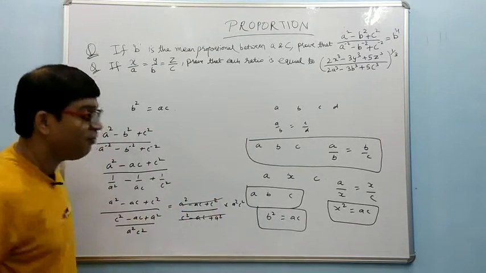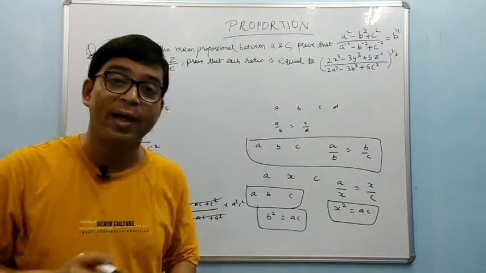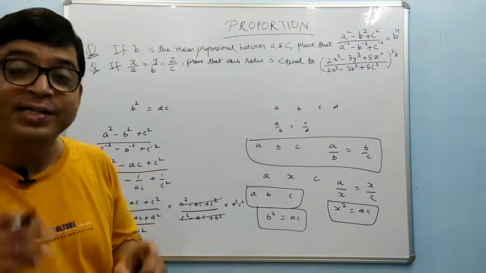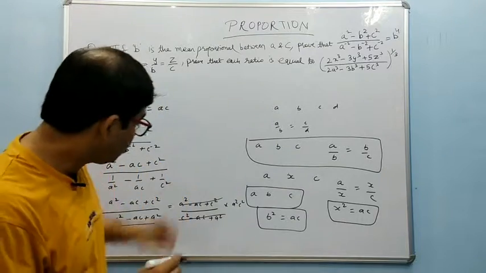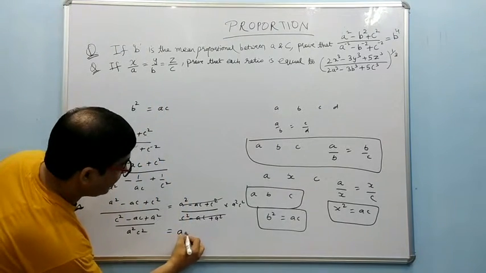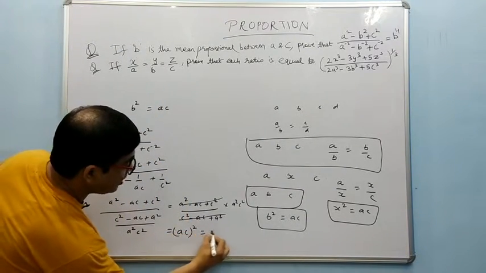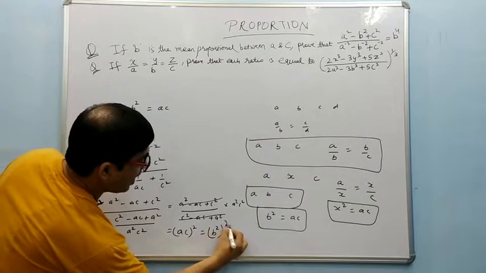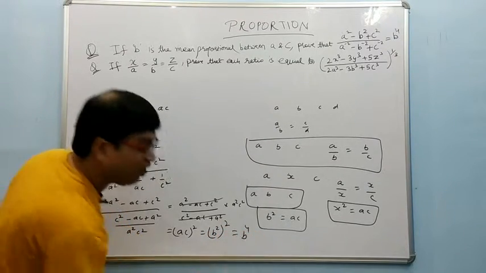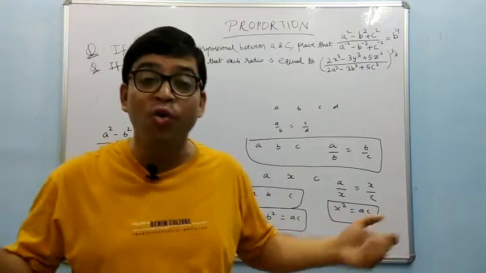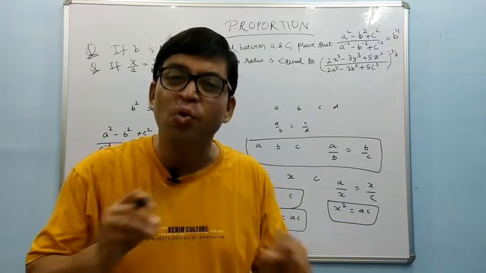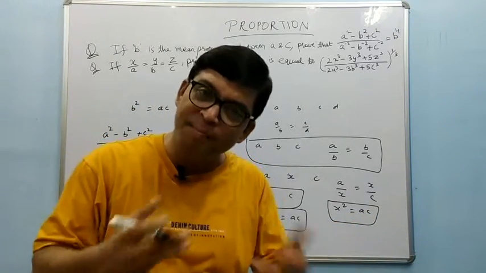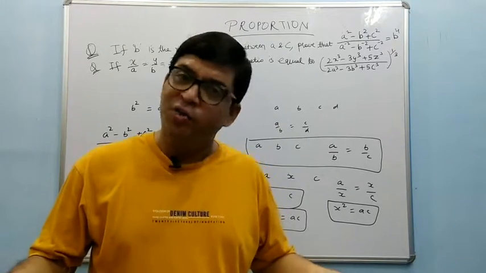So I am just left with (ac) whole square, and we know the value of ac is b square, so we can write (ac) whole square, and that is (b square) whole square, and that is what we need to prove. No extra work is needed, simple translation and you got it.